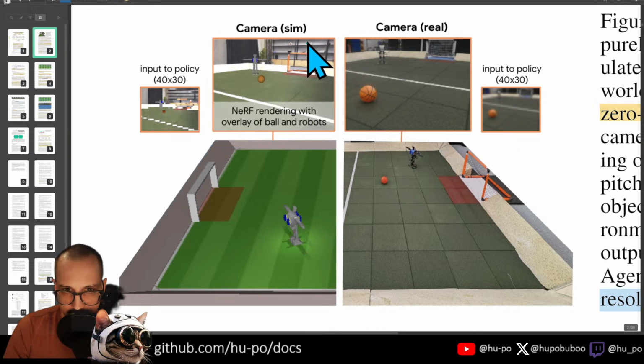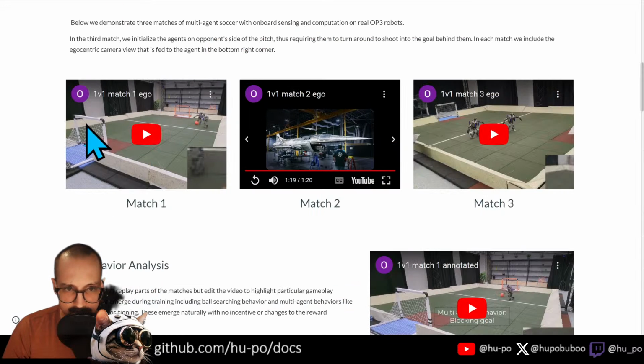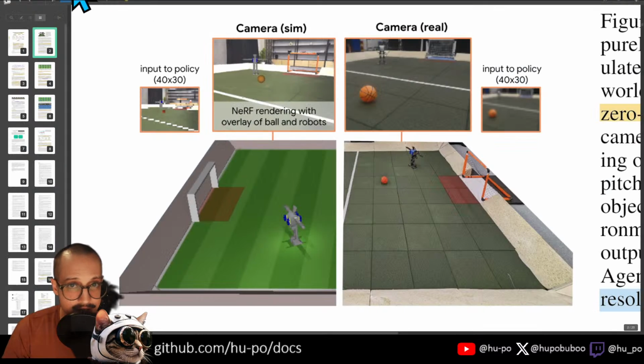But the background here is a NeRF. A NeRF is a neural radiance field. It's a more modern type of representation for 3D environments, and it's a good way of capturing just a generic kind of background. NeRFs allow you to render a view from any arbitrary viewpoint, so they basically NeRF the entire inside of this room, and then they use that as the background and superimpose these more dynamic elements like the robot and the goal.